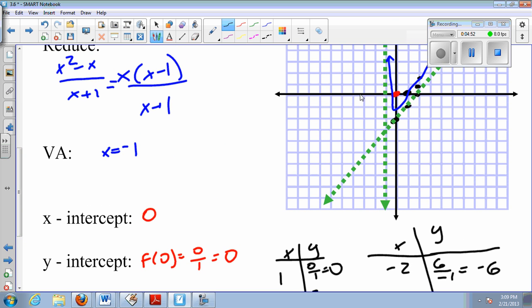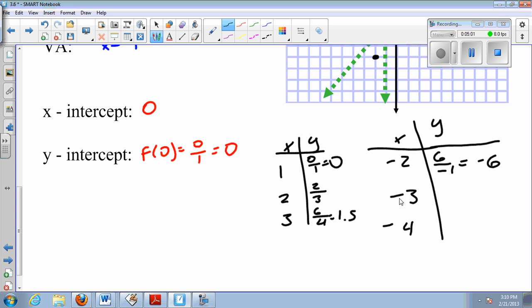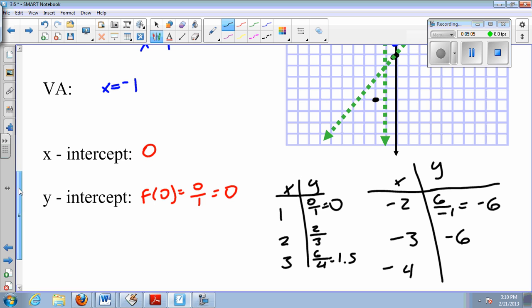So -2, -6. -3 will also go to negative 6. And negative 4 will go to negative 6.6. So it's also hugging the asymptotes. Oops, that was a bad one.